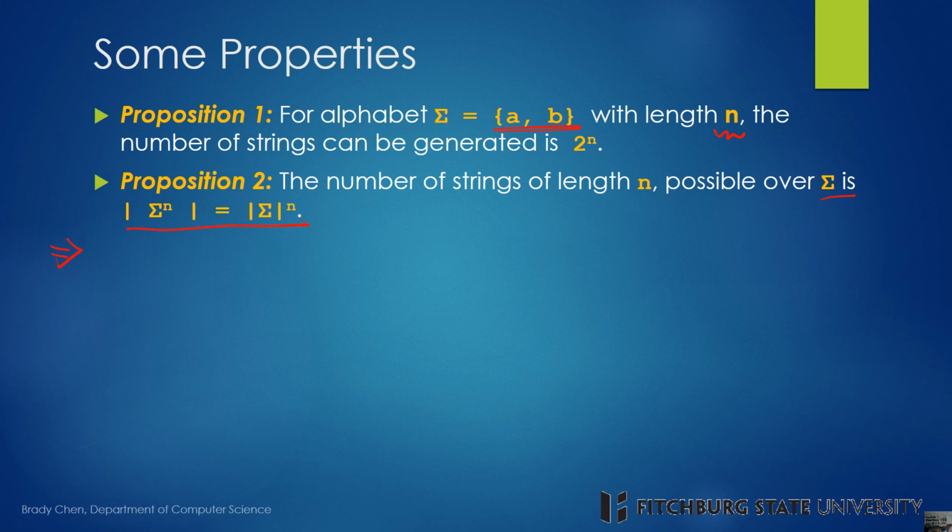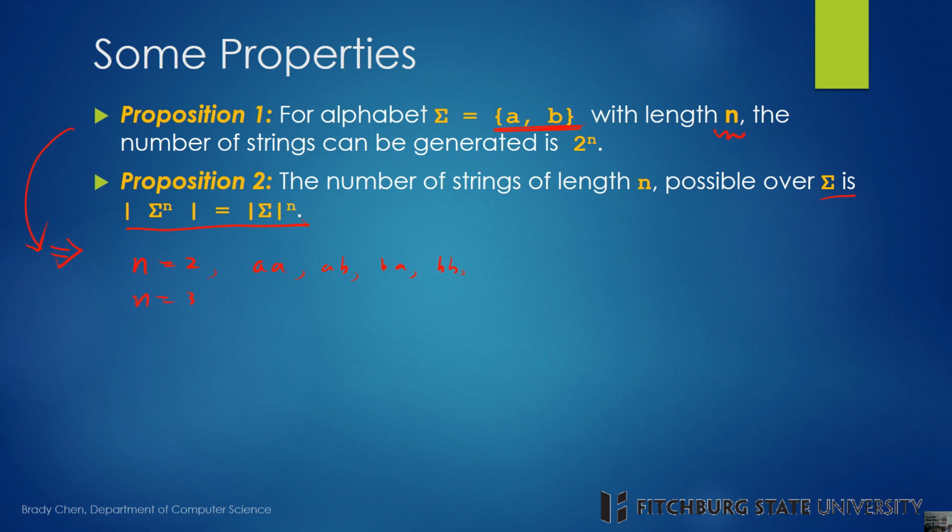So if n equals 2, then with two elements A and B, you can generate AA, AB, BA, and BB, right?